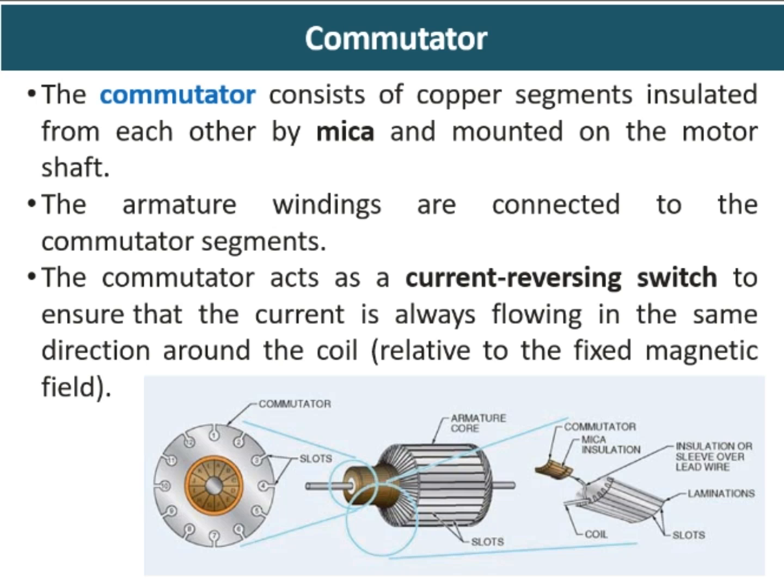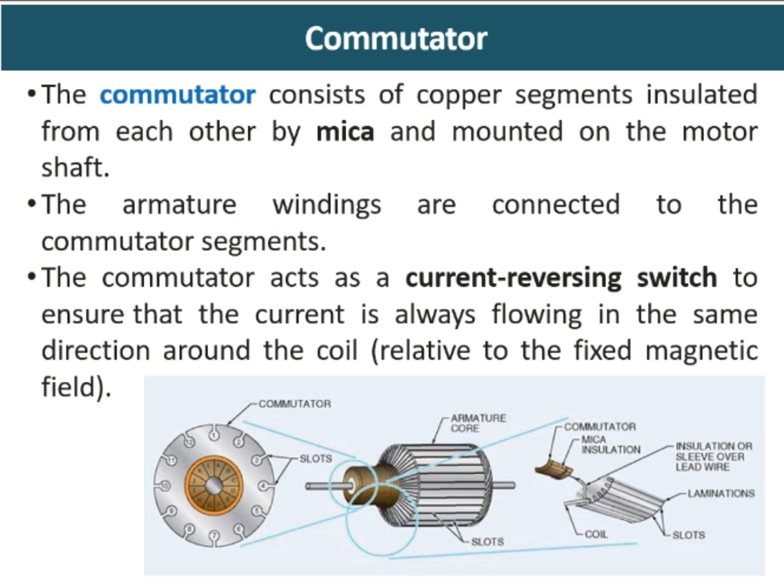As I showed you in the construction of the commutator, these copper segments are insulated from each other, and also insulated from the shaft. And then the armature windings are connected to the commutator segments. All the coils are called armature windings. These windings are connected to these copper segments, commutator segments.